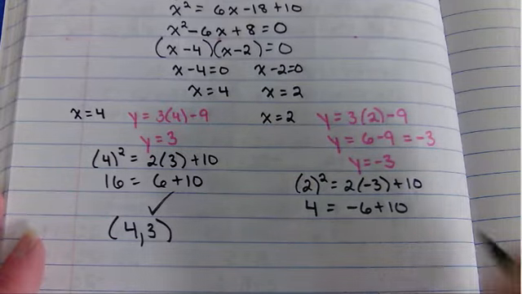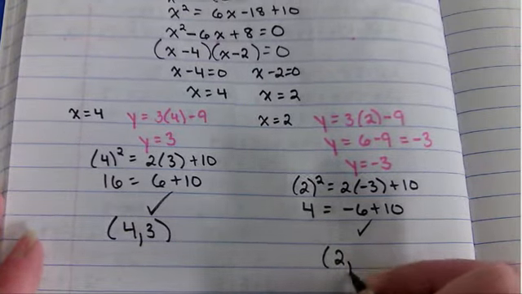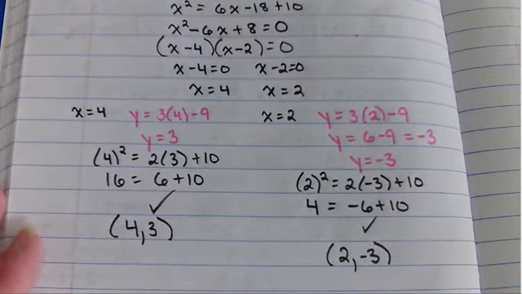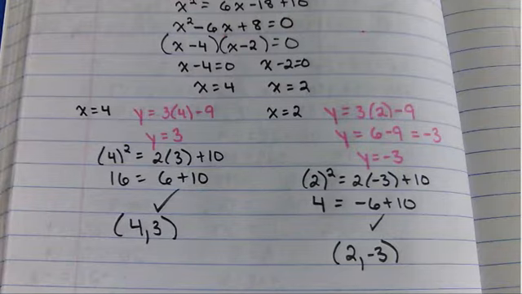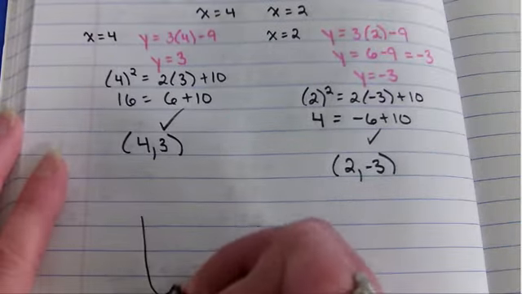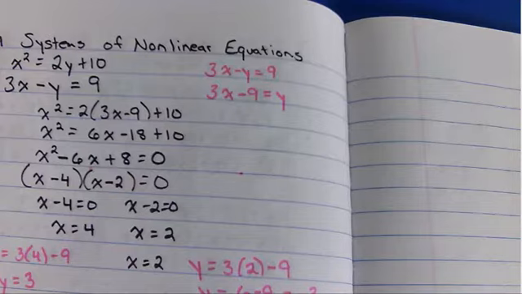Does that work? It does. So both of those points are solutions. That means I have a parabola and a line, and they're crossing 2 times, which makes sense. If I drew a parabola, I could cross it twice, that's totally doable.